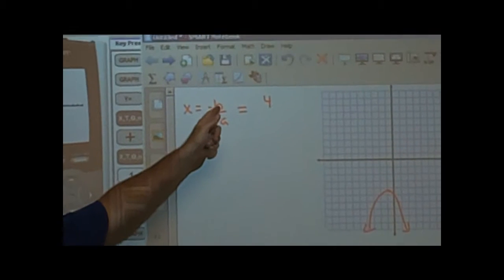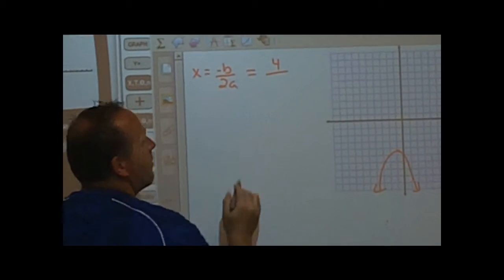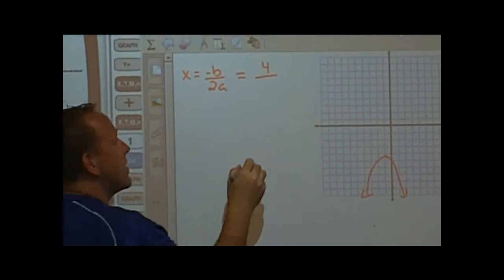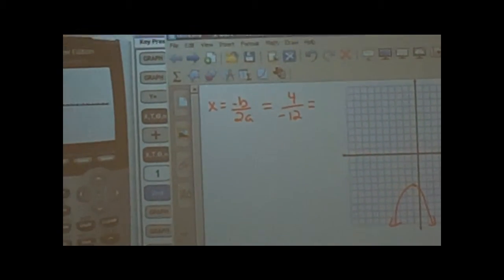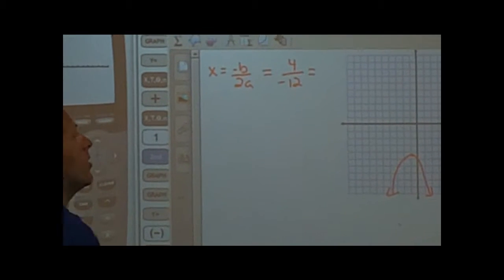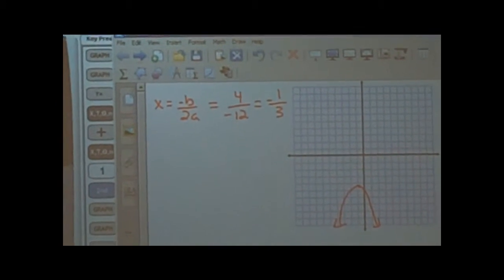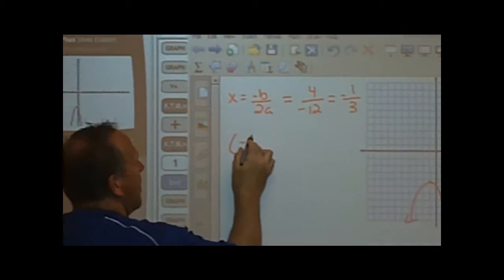Divided by 2a. My a value is negative 6, so 2 times negative 6 is negative 12. So my x value reduces down to negative 1/3.